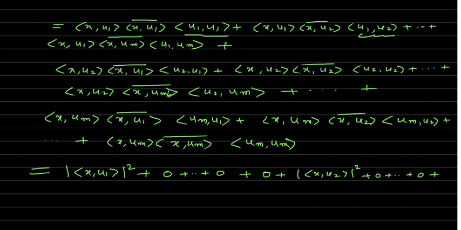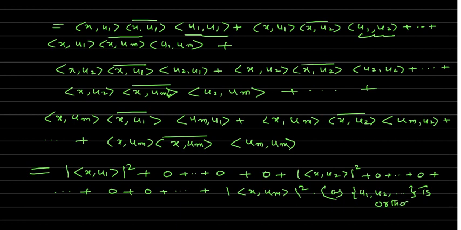And similarly when you go to the mth term, all the earlier terms will be 0 and the last term will be this, x um square. The reason is that this set u1, u2, up to um is orthonormal. Okay. So here we have x u1 square, then x u2 square, and finally x um square.